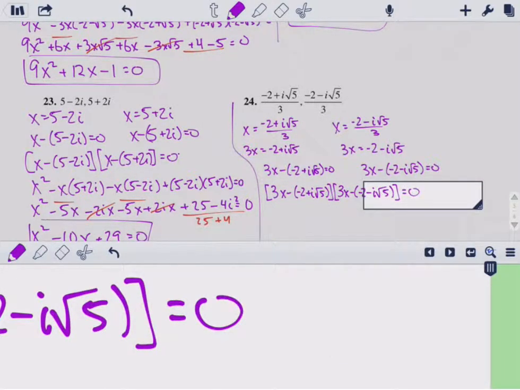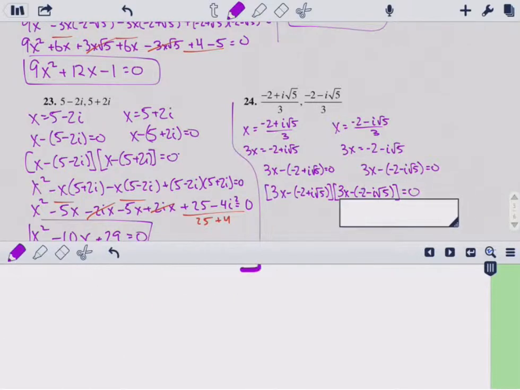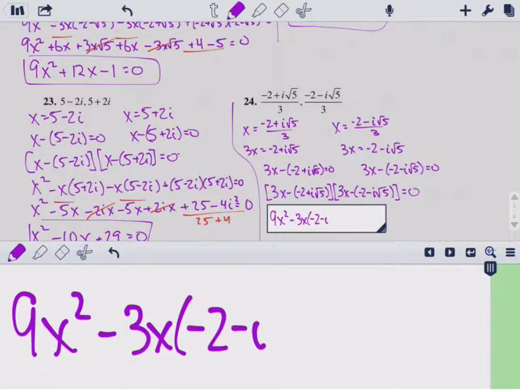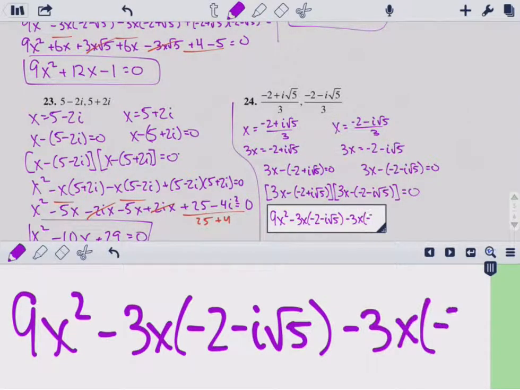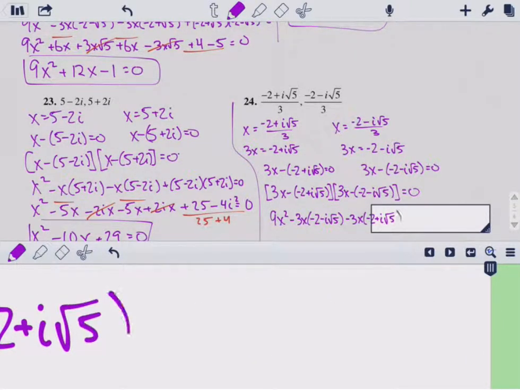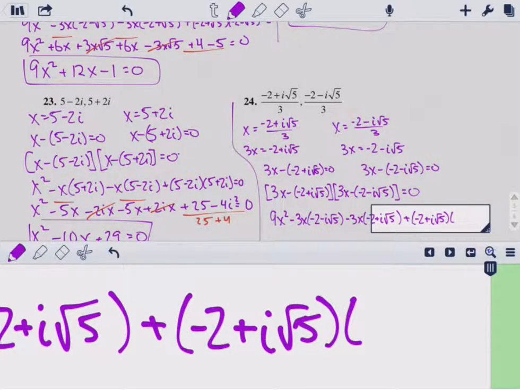equals 0. FOIL. 9x squared is your first. Your outside is negative 3x times negative 2 minus i root 5. Inside is negative 3x times negative 2 plus i root 5. And your last is plus negative 2 plus i root 5 times negative 2 minus i root 5.